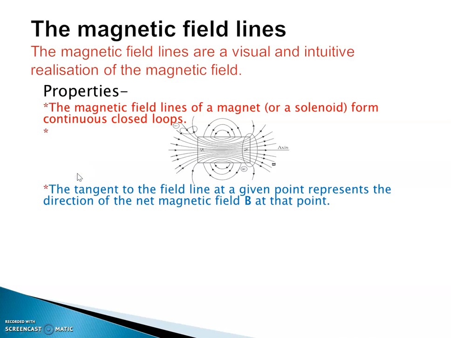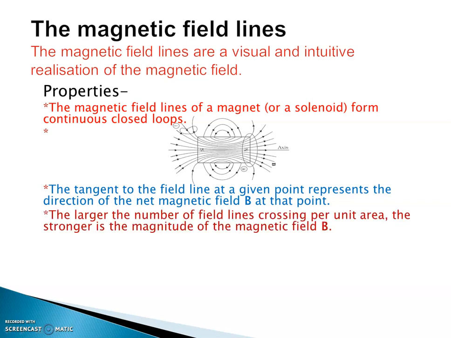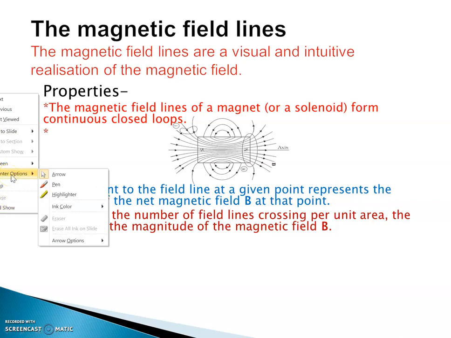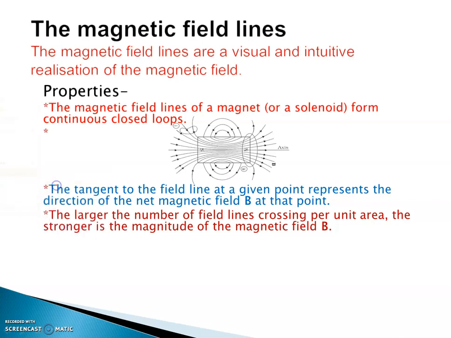Another property is about the direction of magnetic field at any point. If you want to find the direction of magnetic field at any point, you can draw a tangent at that point, like this. If you want to get the magnetic field at this point, then you can draw a tangent at this point.